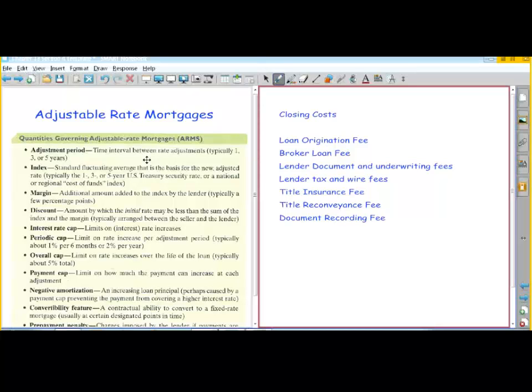But it does come out to be a reasonable amount. For my mother's house, I think it sold for like $280,000 or something like that. The closing costs were around $6,000. So it's usually about 3% of the sale price, something along those lines. Usually the buyer pays the closing costs.